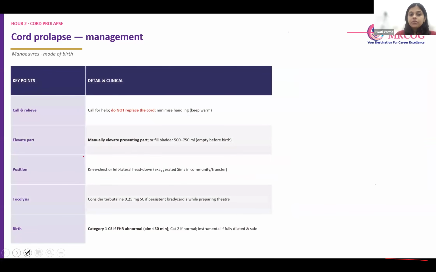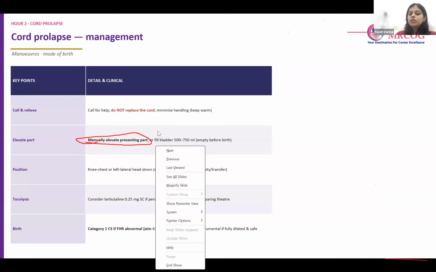What about management? Immediately call for help as it's an emergency. Do not try to handle manually and do not try to replace it. Minimize handling, keep warm. Your aim is to manually elevate the presenting part so that pressure on the cord is relieved. Now, either you can do it through position or you can do it through bladder filling.